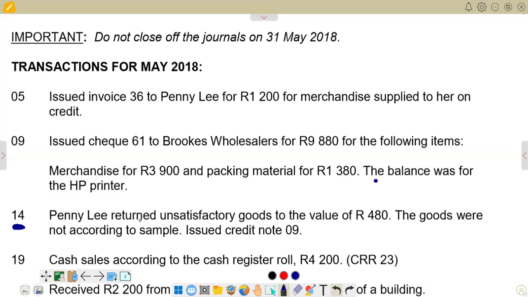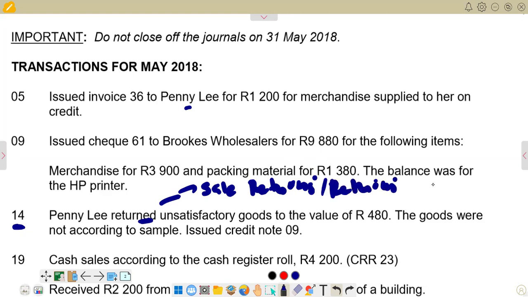Whenever goods are returned, we know that these are goods returned by a customer. Remember, Pendley is our customer. At the beginning of the transaction, we see Pendley, which means we sold goods to Pendley, but Pendley has returned the goods. These we call sales returns, or we can also call them returns inwards, meaning the same thing.